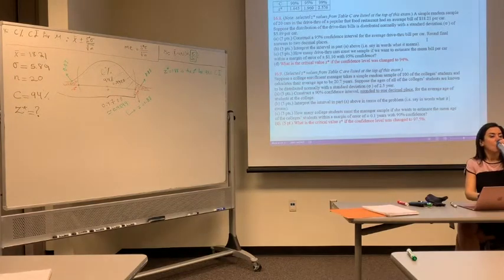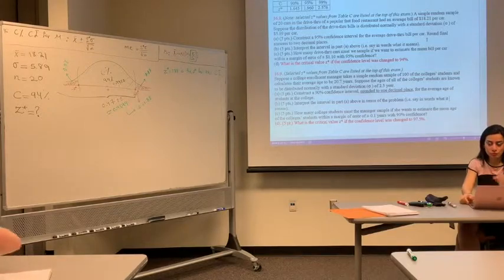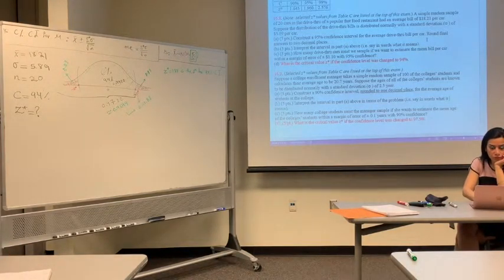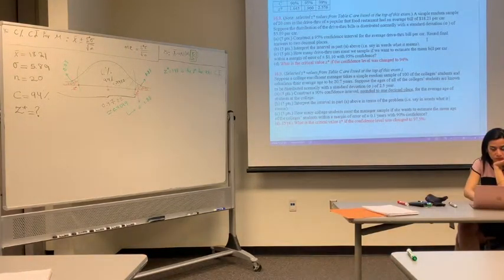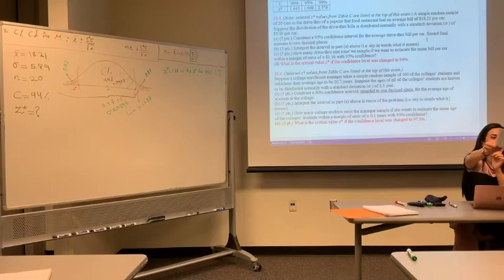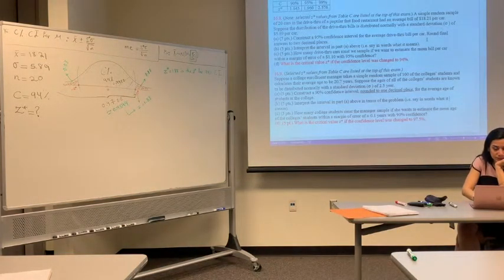97.5%, which is a probability of 0.9875. Knowing this, the number is actually 2.24.